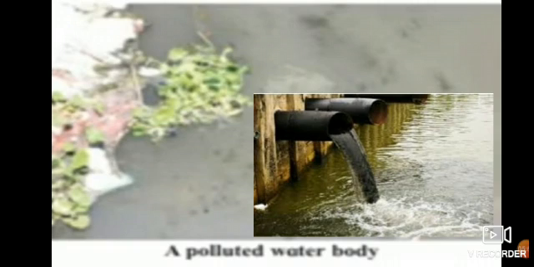You can see in the picture. The waste water from the residential buildings, where we stay, as well as from factories and industries, contains many kinds of impurities. The water is very dirty.